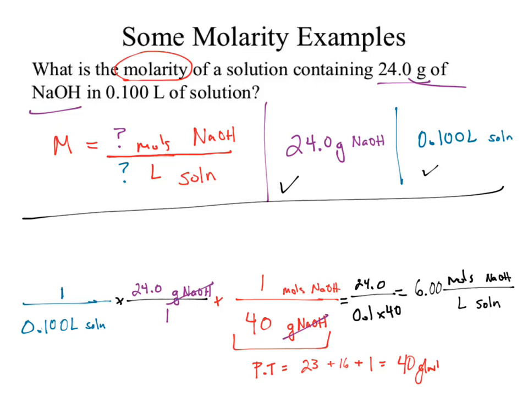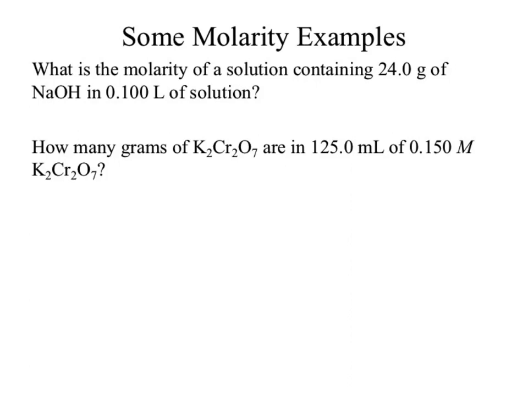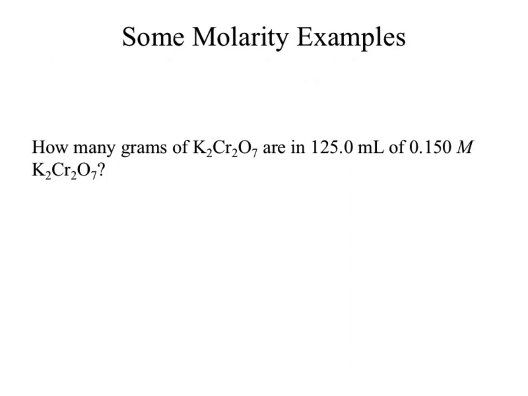So now that you have your example, your turn. Or wait. Questions about what's written up there before we make it your turn? Okay. How many grams of potassium dichromate? Don't worry about not knowing the name of that. Are in 125.0 milliliters of a 0.150 molar solution of potassium dichromate.